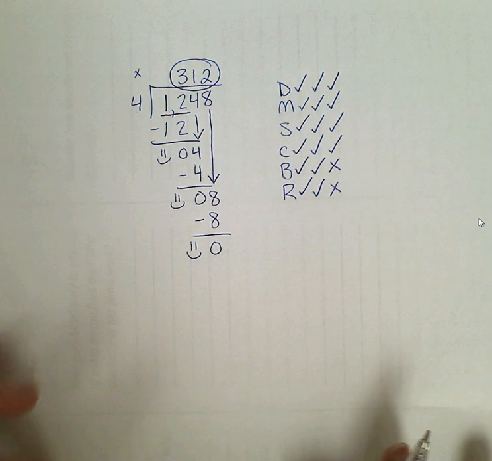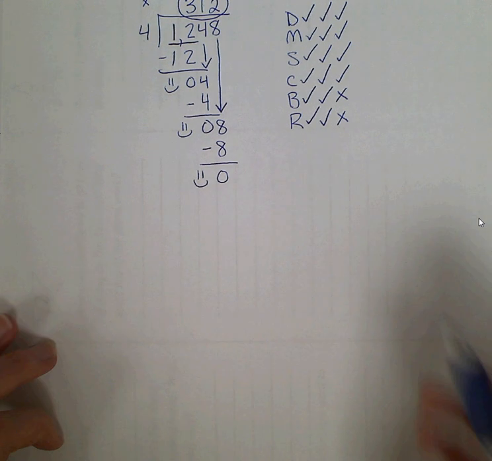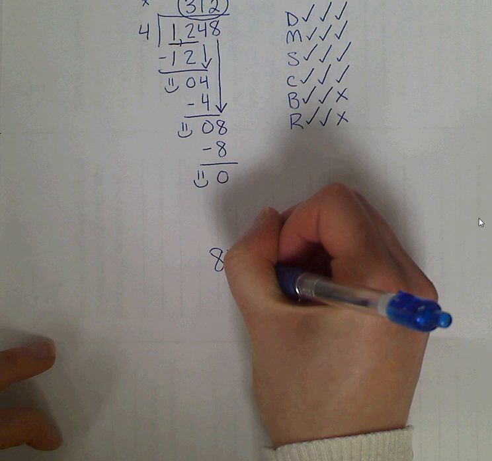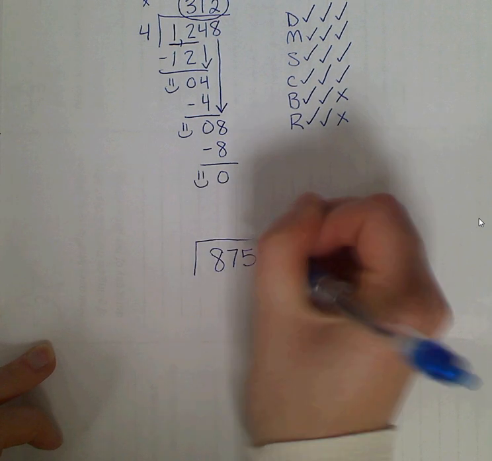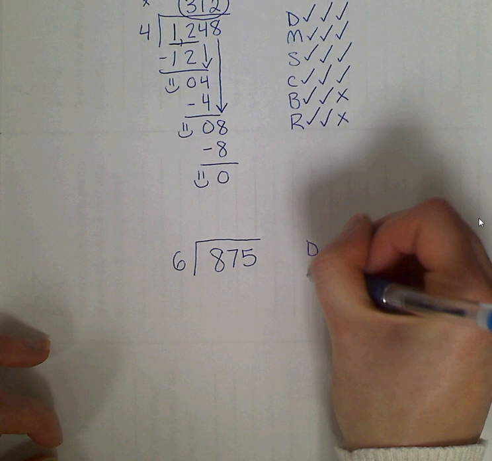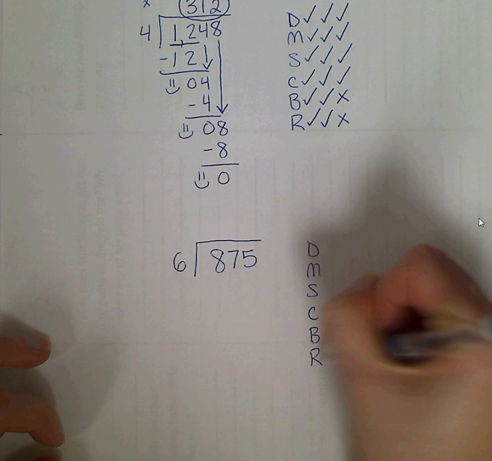Alright, let's do one more example of that, maybe a 3-digit number this time. So let's try 875, and let's divide that by 6. Okay, again, make sure that you get your acronym down. It's always a great way to make sure you stay on track.